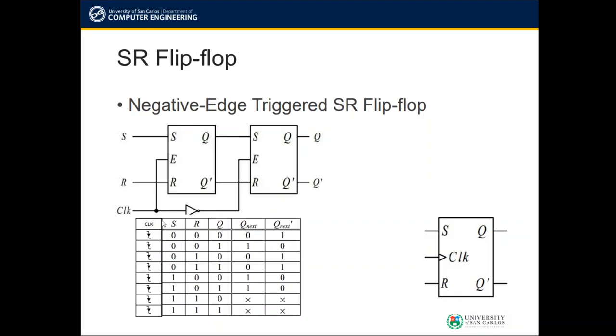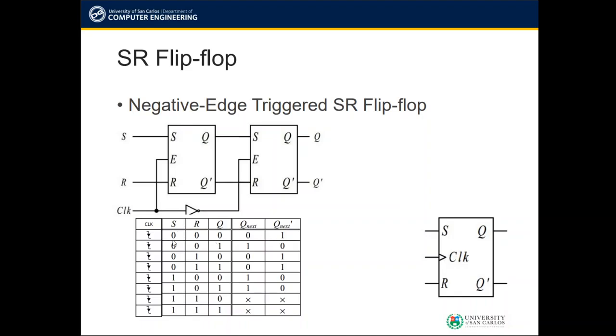This is now the summary of the truth table of the SR flip-flop. For this case, we are looking for the negative edge. So when the clock goes from high to low, whatever the value of your SR, for example if the value of your SR is 0, 0, what would be the change or status of your Q, Q present to Q next?